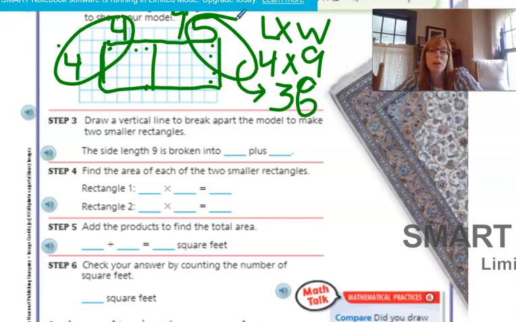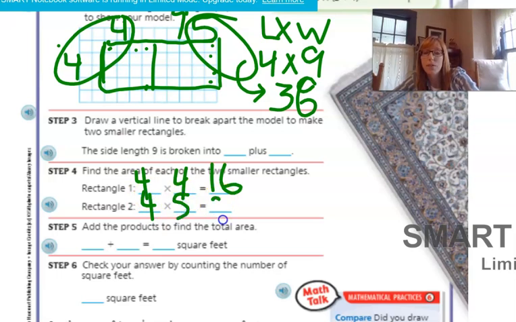So rectangle 1 is 4 times 4, which is 16. And on the other side, it is 4 times 5, which is 20. And we know that 16 plus 20 is 36. So it's the same. What they did was they just used smaller numbers.